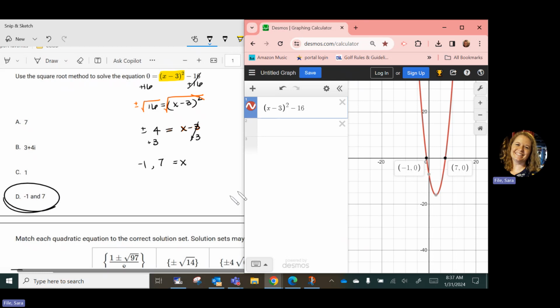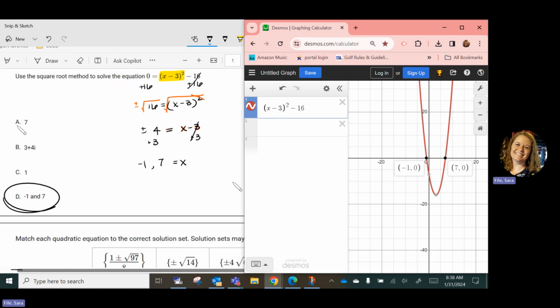I know it doesn't ask this, but just to reiterate, look at the other answer choices. So this one had 2 solutions, 2 real solutions. It crossed the x-axis twice. If it only had 1 solution, what would that mean graphically for that parabola? What is the solution?